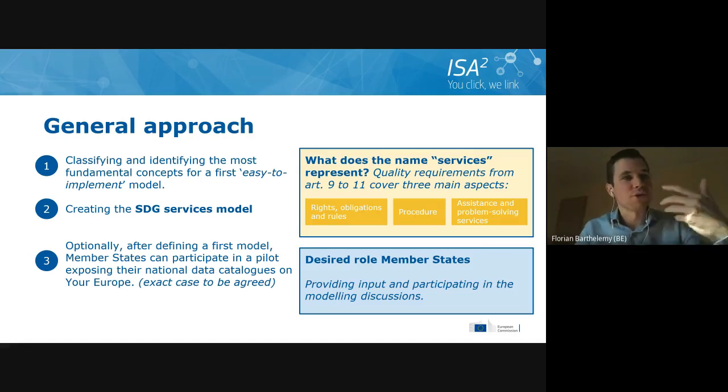And from there, of course, we go through the different steps of the creation of this model, and we'll come to that in a minute in more detail.